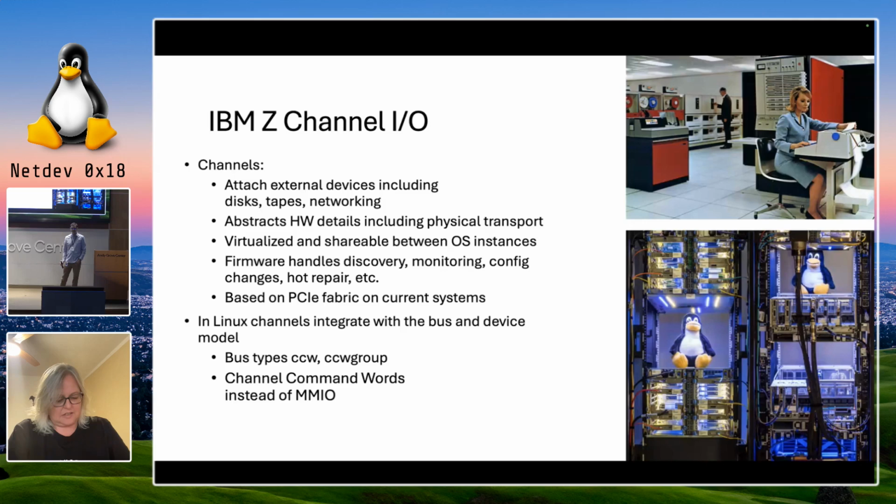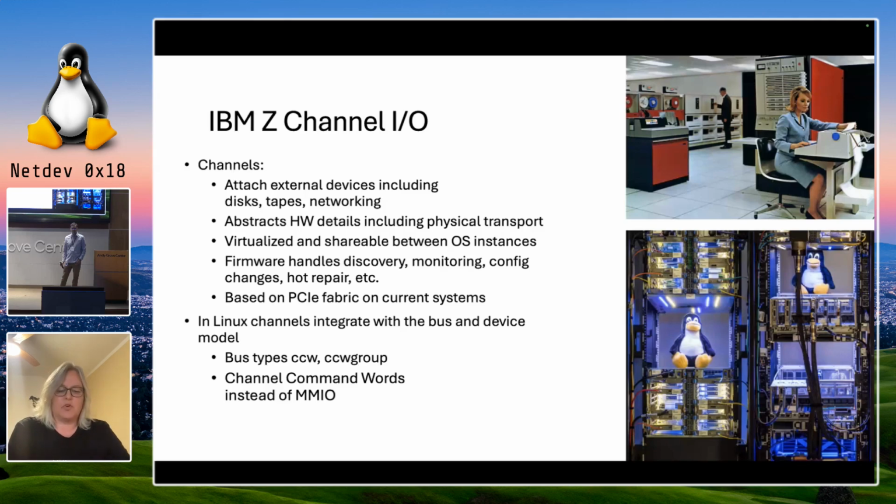And they were connected via so-called channels that were sometimes even boxes with powerful firmware to the processing units. And very early on System 360, I think, they defined a channel architecture that provided an abstraction layer of all this I/O to the programs.